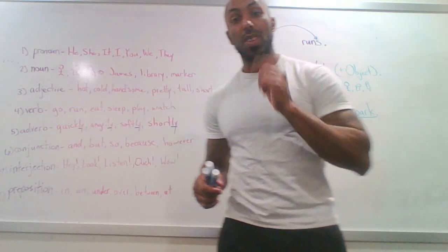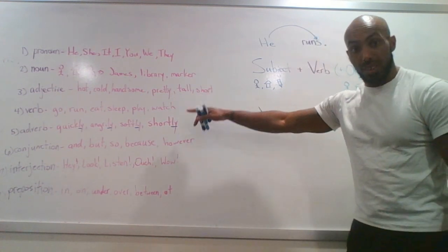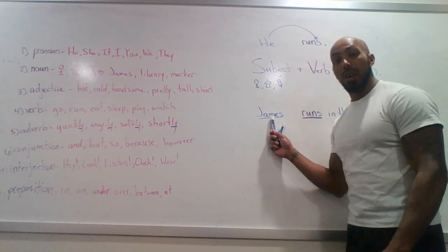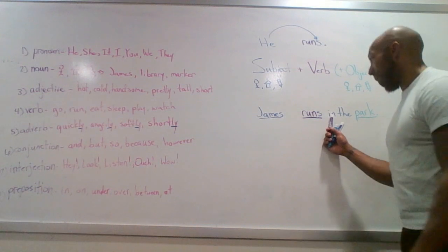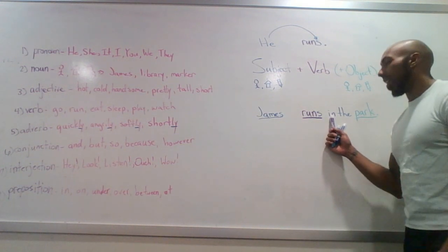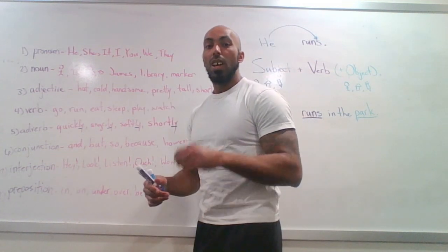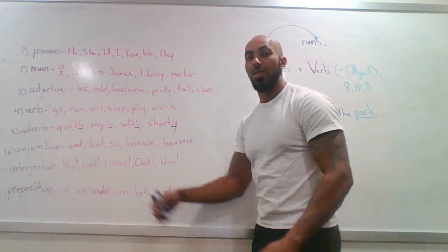Okay, that's a very simple sentence. But in this very simple sentence, I already have 3 of the things on my parts of speech list. I have a pronoun, a proper noun, okay? I have a verb, and I have a preposition, okay? I already have 3 things. Now, we're going to try to make a harder sentence using all of these.